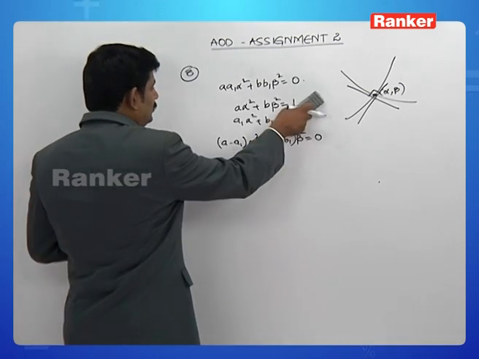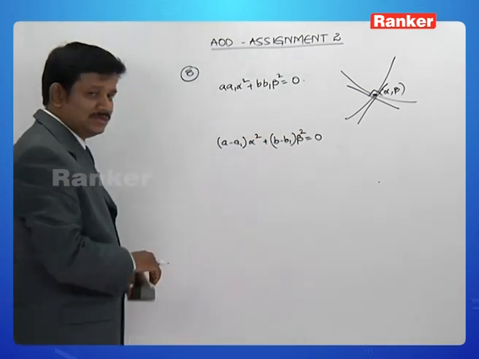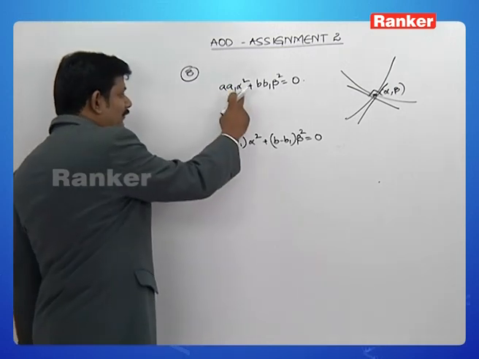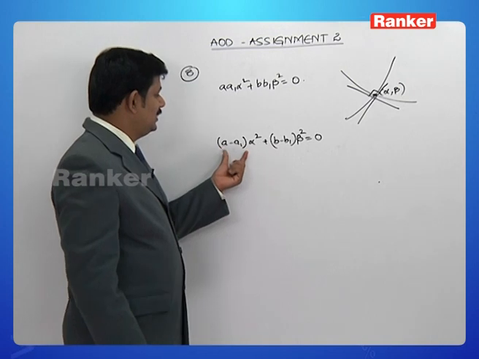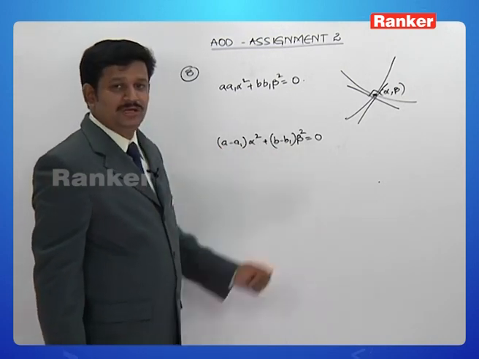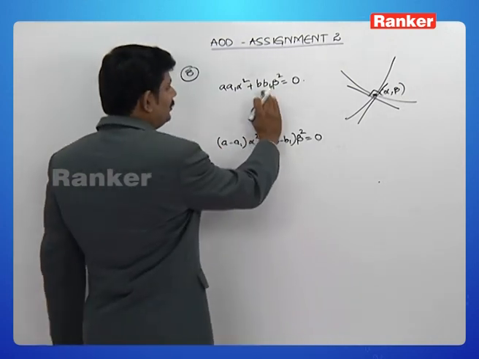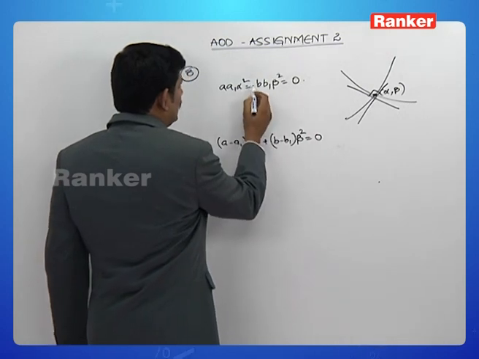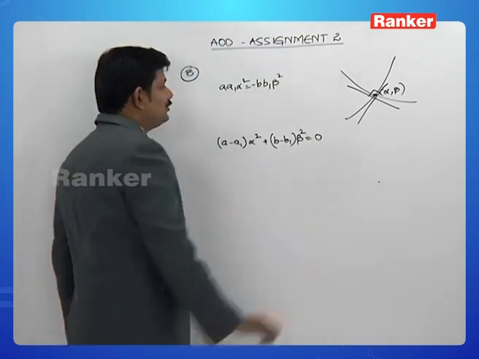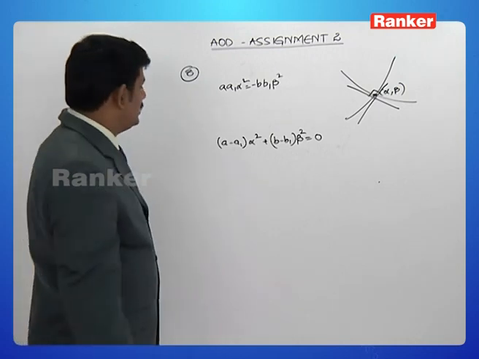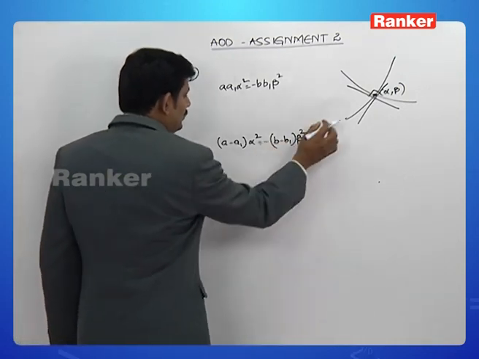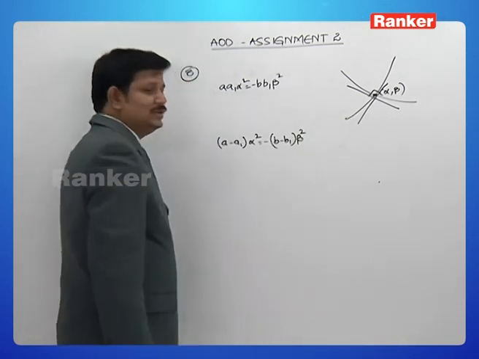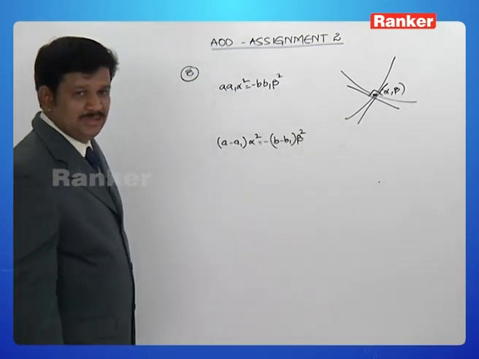Now, looking at these two equations, a a1 alpha square plus b b1 beta square is equal to 0 and a minus a1 into alpha square plus b minus b1 into beta square is equal to 0. We can push terms to the other side to get a a1 alpha square is equal to minus b b1 beta square, and a minus a1 into alpha square is equal to minus of b minus b1 into beta square.